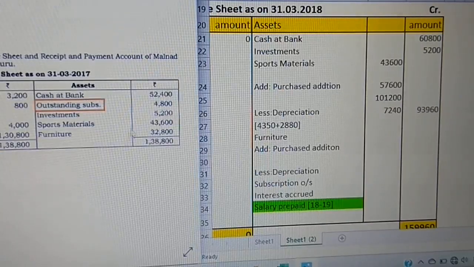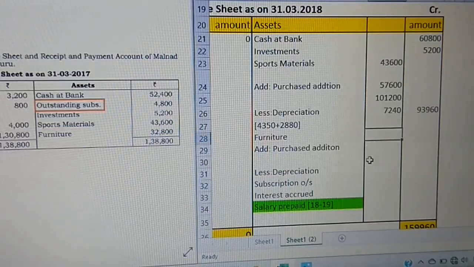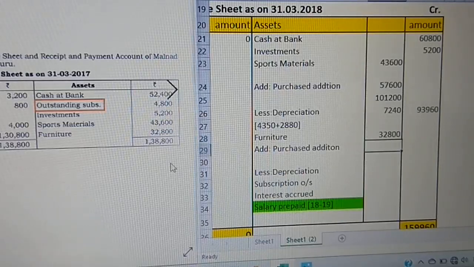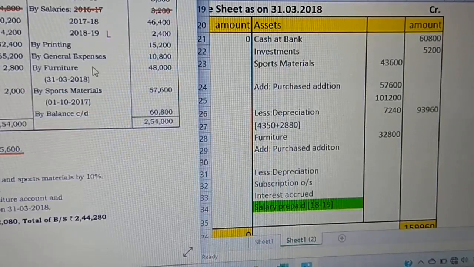Next, moving on to the furniture. From the balance sheet, just observe the next asset is going to be furniture, 32,800. So after this addition purchase we have again, so that's going to be here, just observe 48,000. So I'm going to take that added.